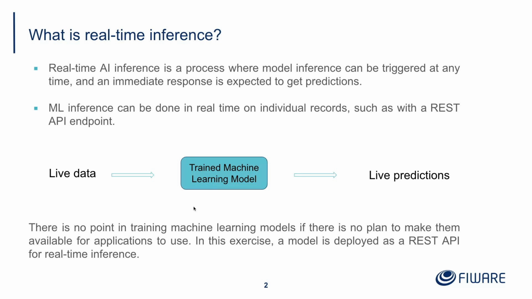And there is one thing to point out here: there is no point in training machine learning models if there is no plan to make them accessible for applications to use. So in this exercise, we're going to serve our machine learning model as a REST API for real-time inference.